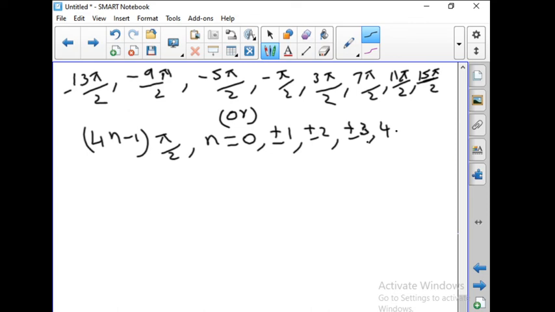What is amplitude? Amplitude is the maximum height. Amplitude is the maximum distance of the graph from the x-axis. So the amplitude of a function is the height from the x-axis to its maximum or minimum, and the period is the distance covered for the function to complete one full cycle.